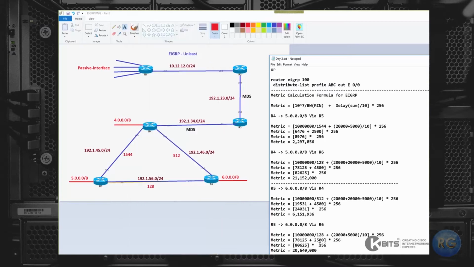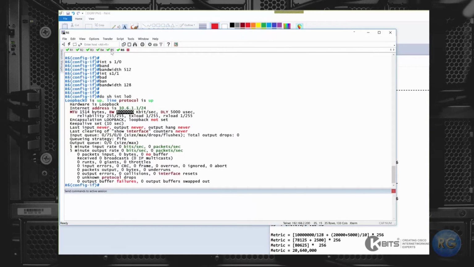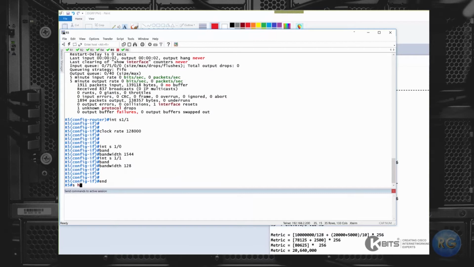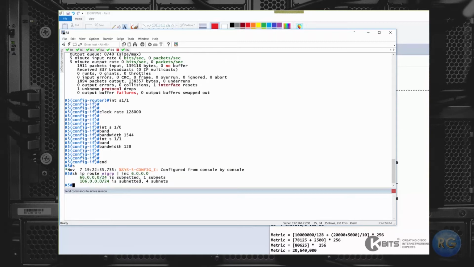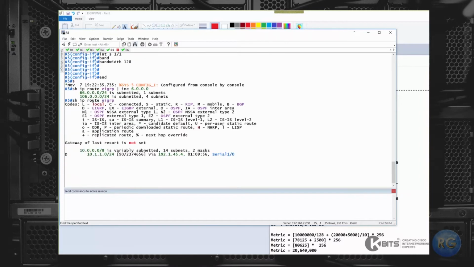The long path, but the quicker path. So if I go over here on router 5 and take a look at show IP route, EIGRP includes 6.0.0.0. I'll just do the full. These are all 10s. I don't have 6, I have 66.